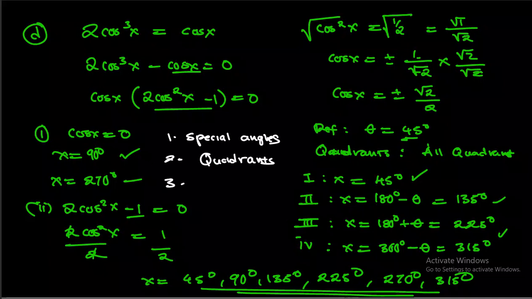Number three, what else do we need to understand? You need to understand trig identities. If you are okay with these three, I don't think there's a question which you are going to fail in trigonometry.